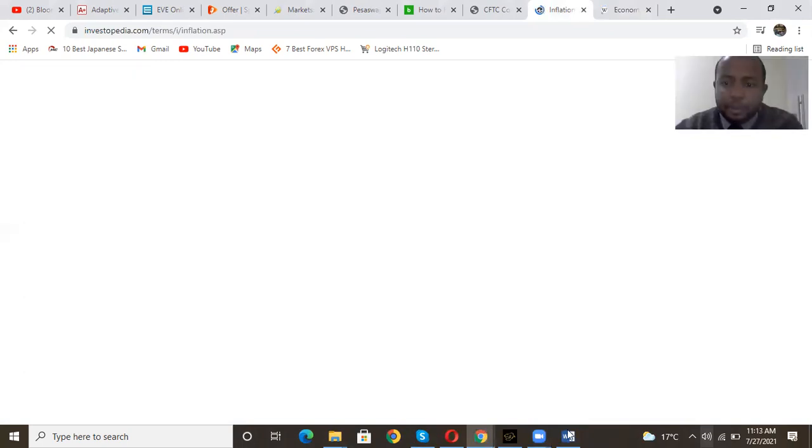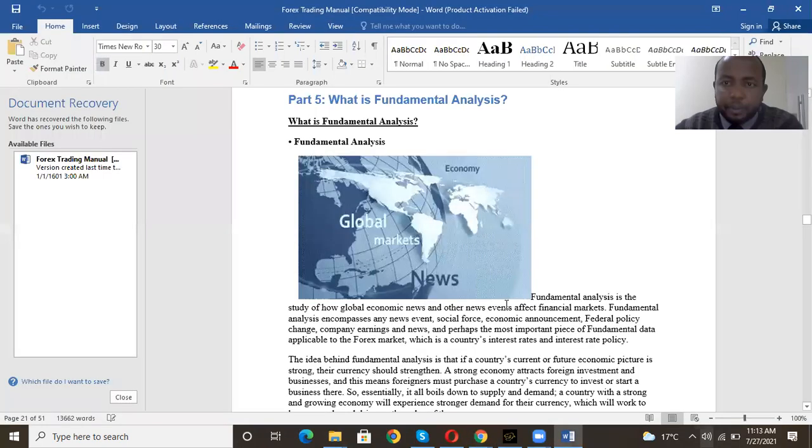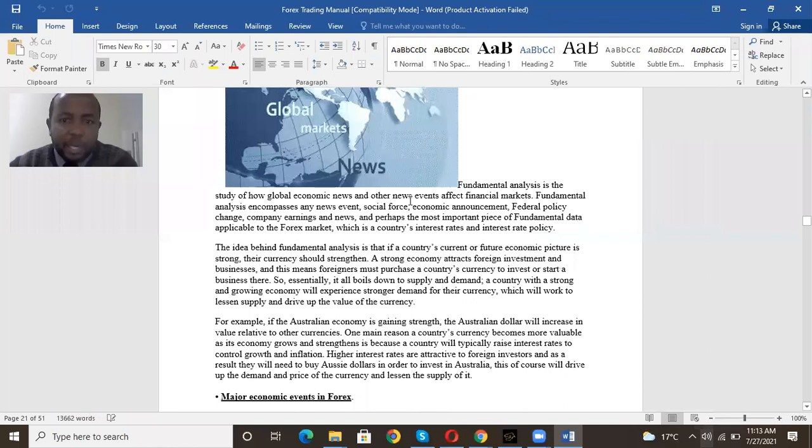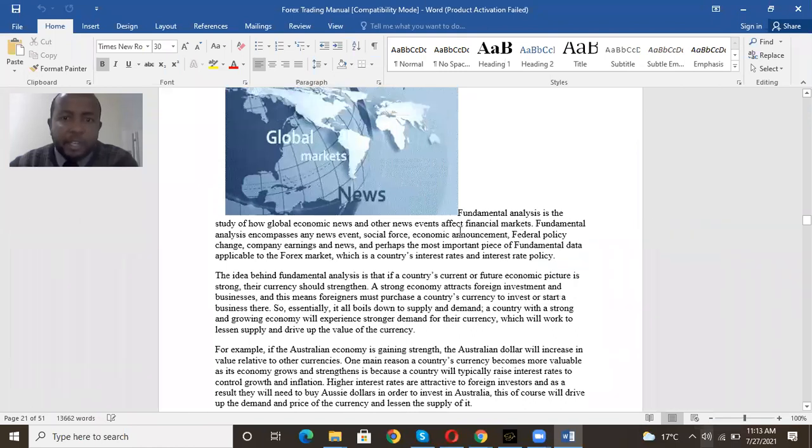Before we go to inflation, this is what fundamental analysis is all about. Fundamental analysis is the study of how global economic events and other news affect financial markets.